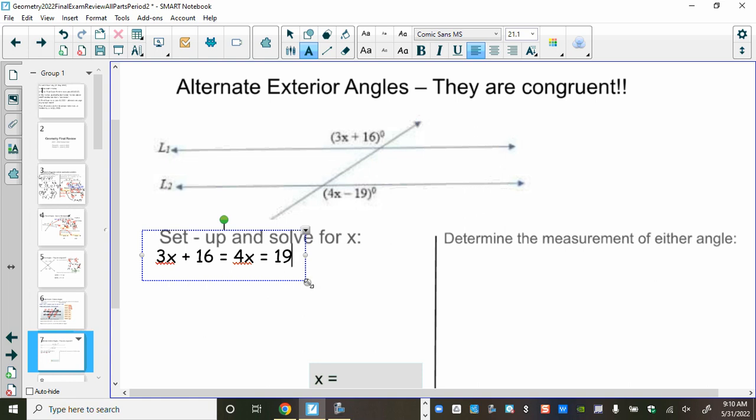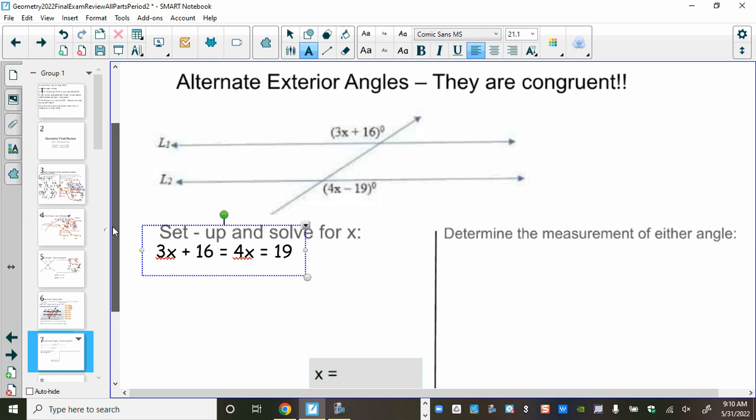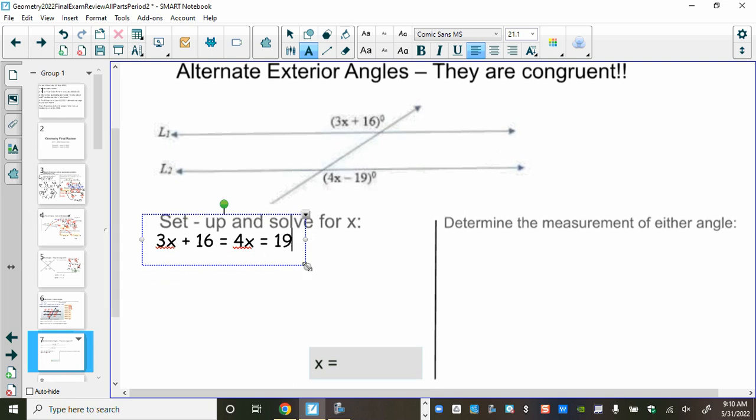Maybe I'm wrong. So is this the correct setup? Alternate exterior angles, they are congruent. It is the correct setup. They're congruent. There's your setup.